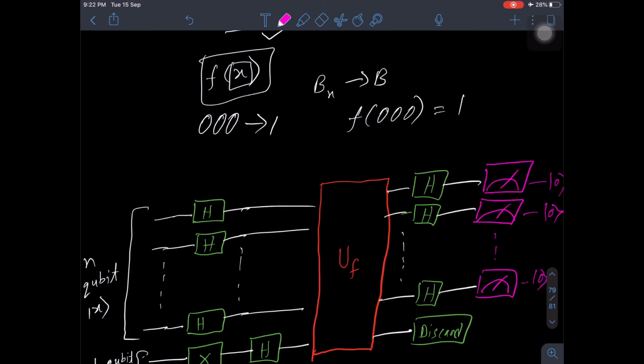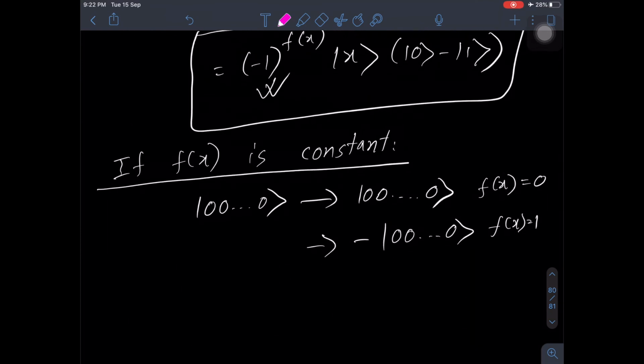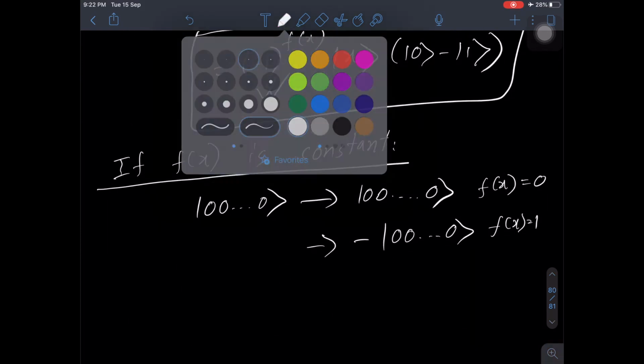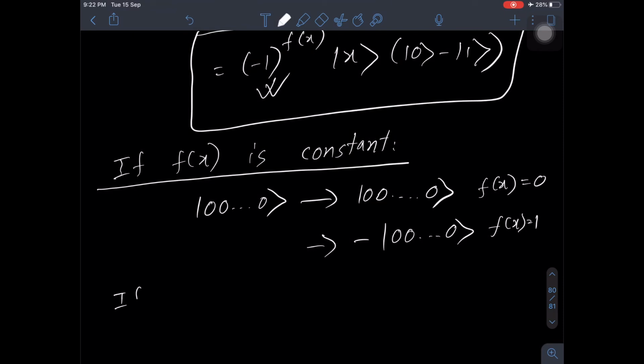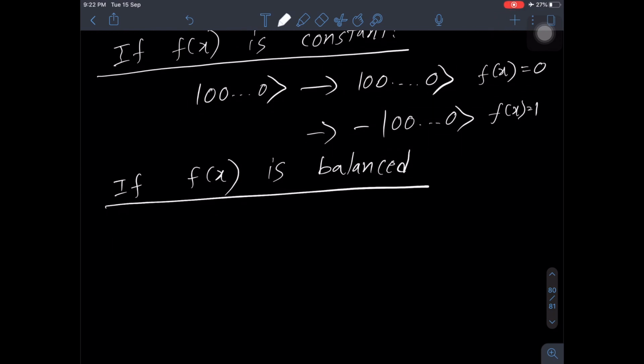All right, and now let's check if f of x is balanced. If f of x is balanced, then what you're going to get is, let me give you an example in the 2 qubit system.